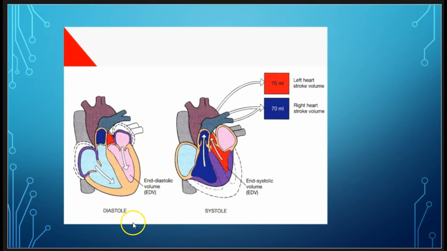And again, review that this end diastolic volume, which is the EDV, as that end volume is met in the 70 milliliters, then at the end of that diastole and the beginning of systole, the amount that is pumped out to the rest of the body is what is called the stroke volume, and that stroke volume should be the same, as we see in this wonderful diagram.